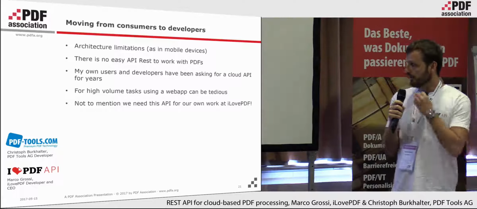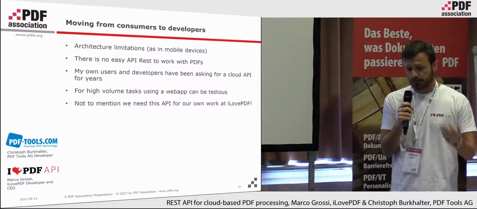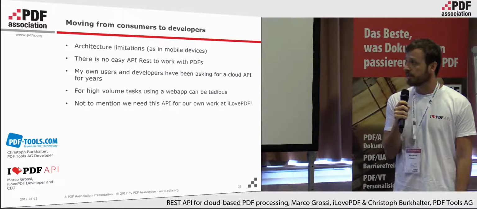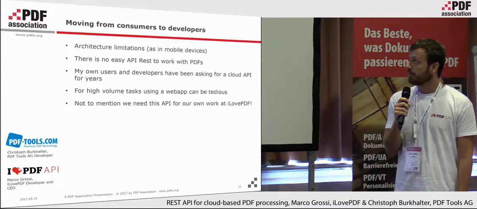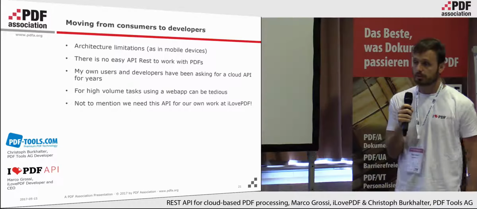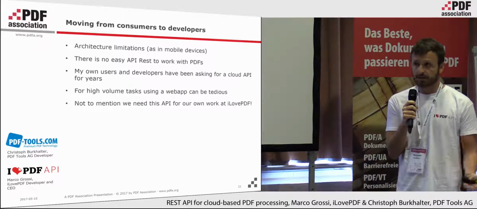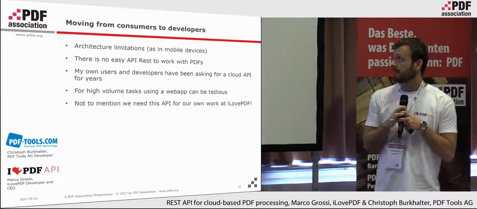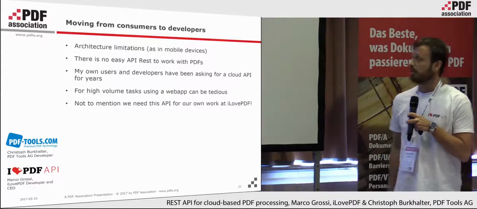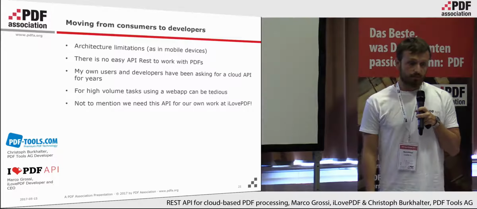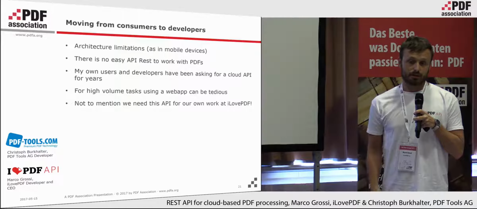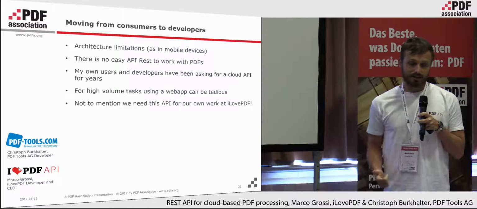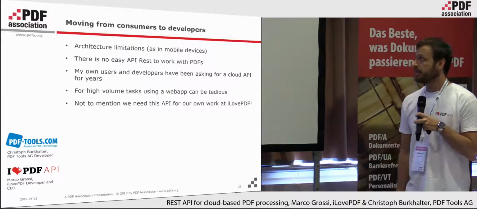Other reasons that we decided to make this API are the architectural limitations that we just saw with Christoph, of mobile devices, for example. Also because there is no easy REST API to work with PDFs. By easy, I mean with good documentation and easy, fast development.